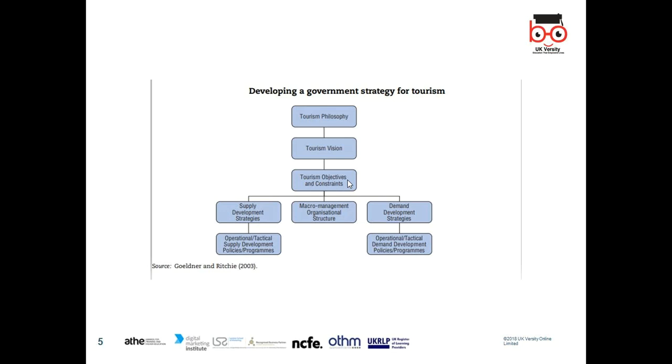We can advertise that tourism is good, that we provide this and that. Operations and tactics, like back in the 2012 Olympics in London, during the credit crunch, the UK economy increased by 3-4% at that point, just due to the Olympics. The government put in the effort to get the Olympics in London, and then they extended the opening times of bars, clubs, and things. So ultimately, we need to look at operational and tactical supply development policies and programs.